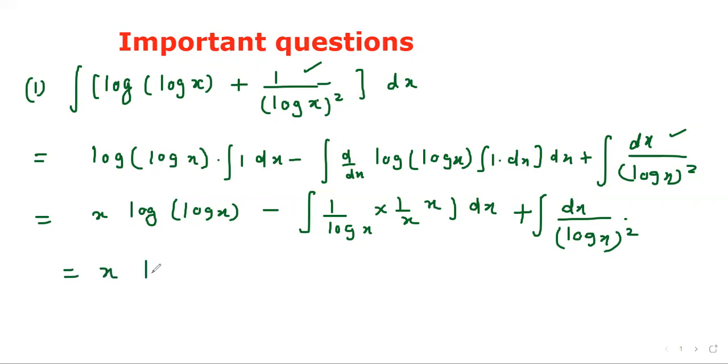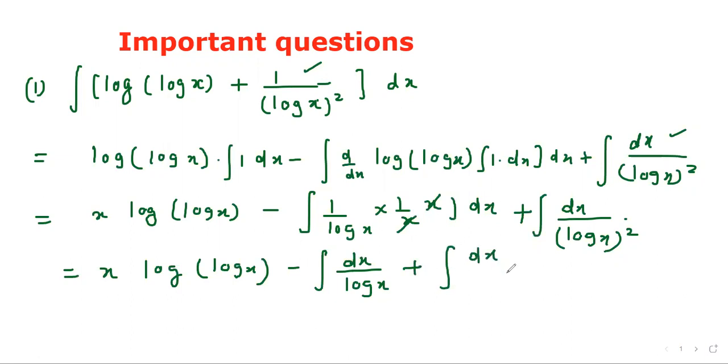It will become x log of log x. Here x will cancel out and we will have integration dx upon log x plus integration dx upon log x whole square.